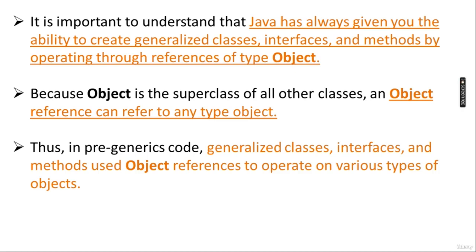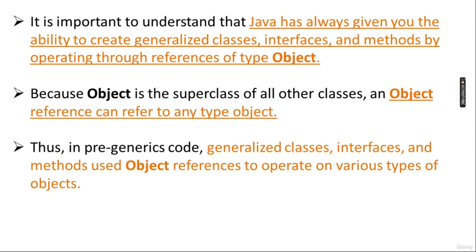It is important to understand that Java has always given you the ability to create generalized classes, interfaces, and methods by operating through references of type Object. Because Object is a superclass of all other classes, an Object reference can refer to any type of object.